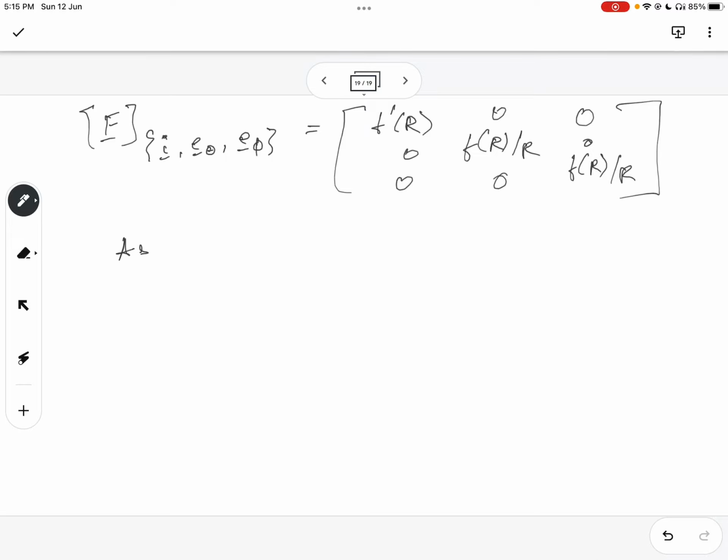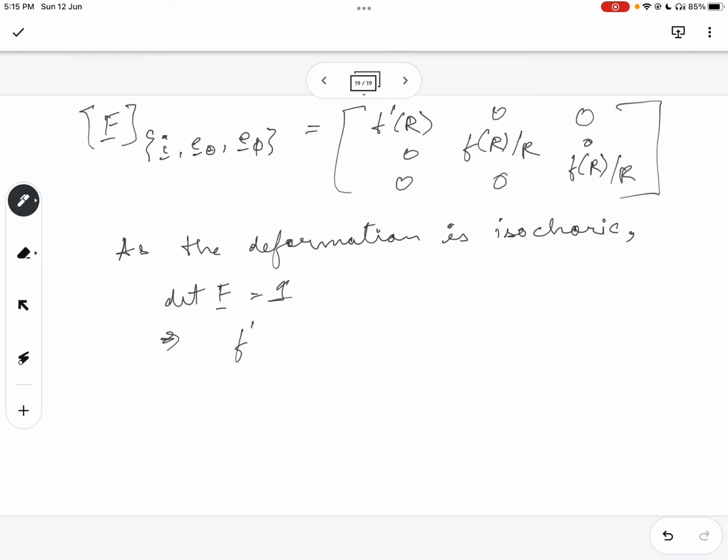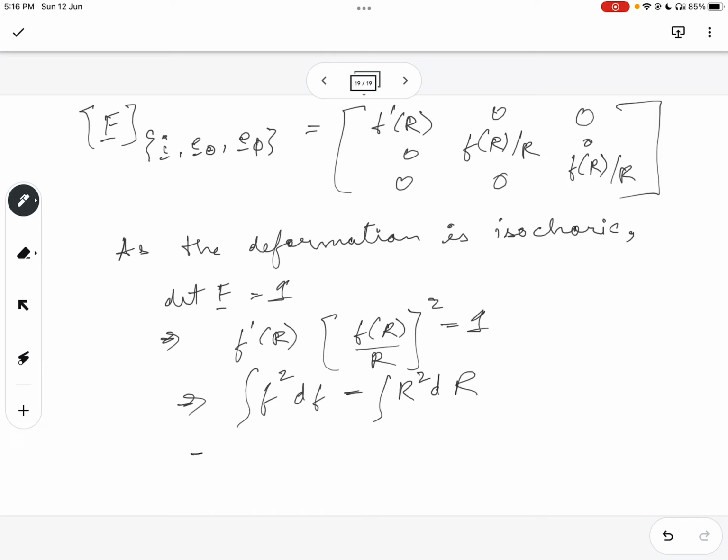So as the deformation is isochoric, determinant F is 1, which implies that f dash r times f(r) by r whole squared is 1, which implies that f squared df is equal to r squared dr. Taking an integral on both sides, we have f cubed by 3 is r cubed by 3 plus some constant c.